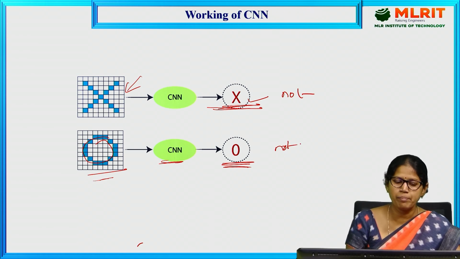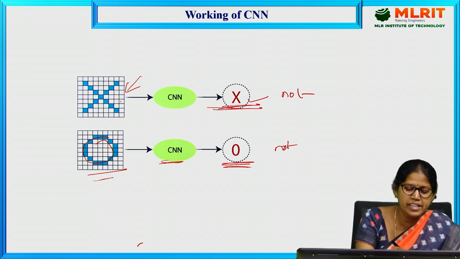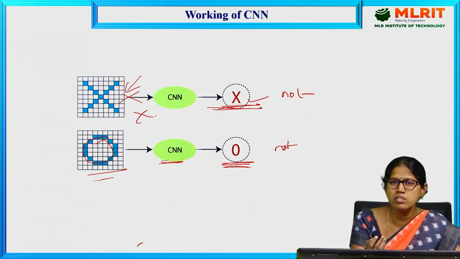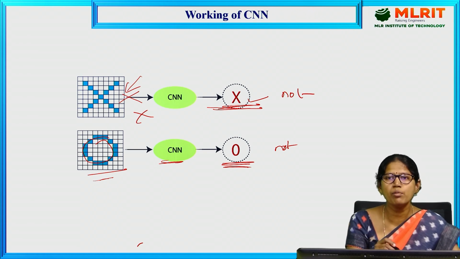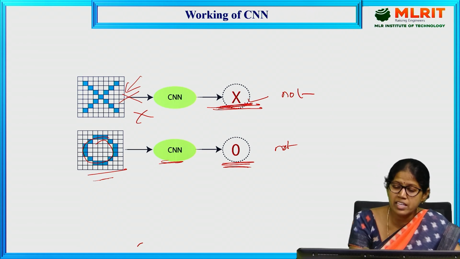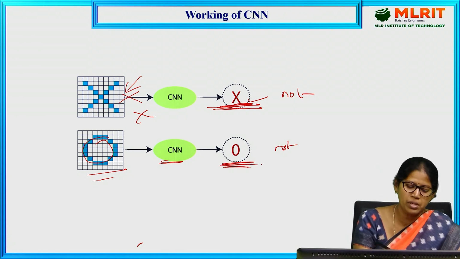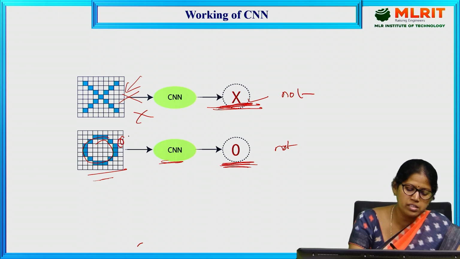For example, what happens when we give the X in a different way, like this or like this, with some noise or incomplete data? Is the computer able to identify whether the X is an X or not, or the O is an O or not? Sometimes children will write like this or like this.